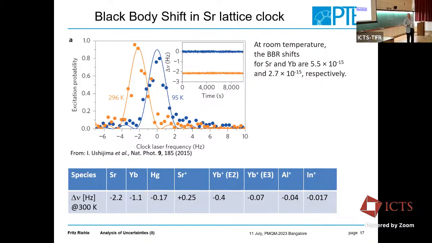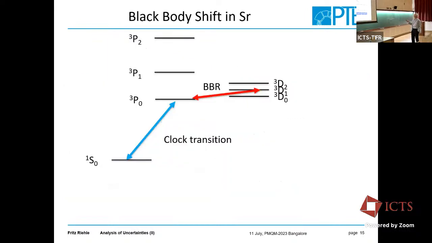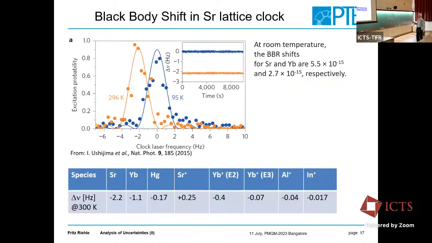And the different atoms have different shifts. So it depends, as I said before, on where any states that can perturb the transition are in the respective atom. So it can be negative, but it can also be positive, for the strontium ion for instance.